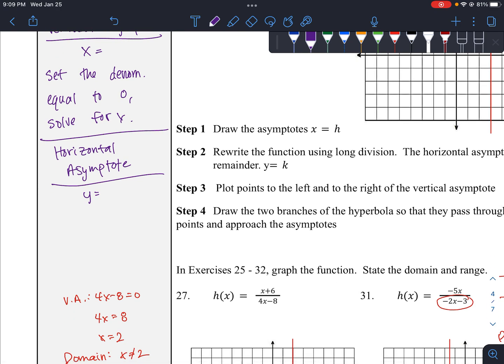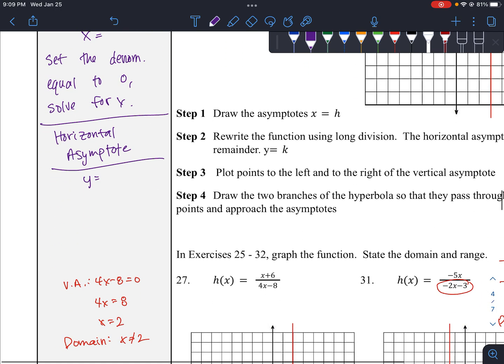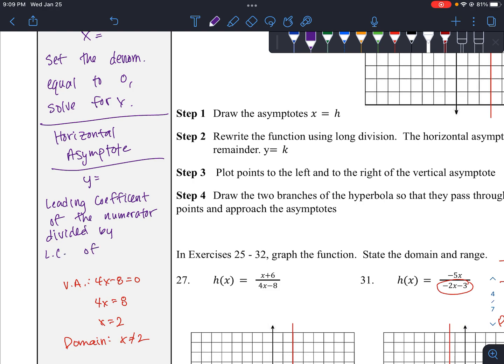And it's pretty simple, but I don't have a great explanation as to why, but it's the leading coefficient of the numerator divided by the leading coefficient of the denominator. Or you can say A divided by C. Okay, pause if you need to write that down because I'm going to keep going.